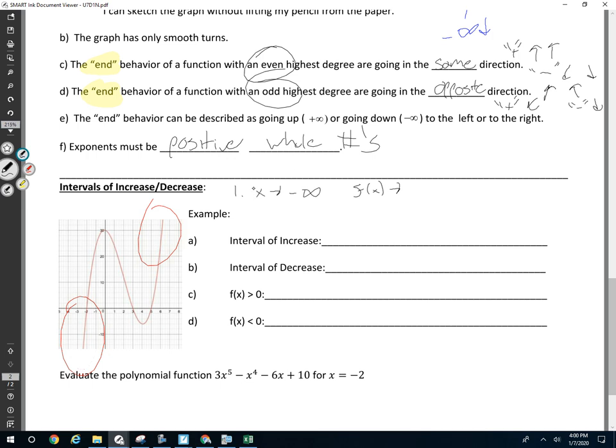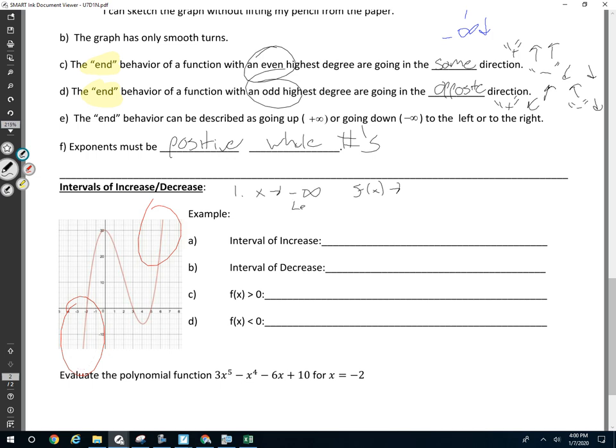Repeat the question. As x approaches negative infinity, what is f of x doing? Who thinks they got it? Who's got confidence? Mr. Saripata, what do you think? Yes.